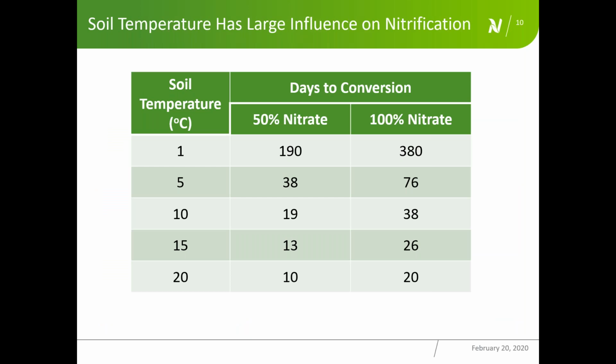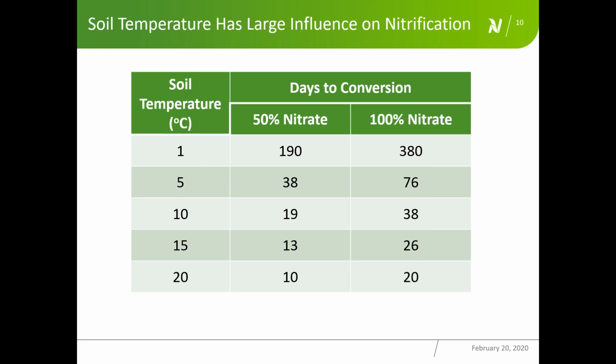So one of the key factors in leaching and denitrification is the rate of conversion from ammonium forms or organic forms to nitrate. So when we apply an ammonium fertilizer to the soil, the bacteria begin to convert that to nitrate. And as you can see in this table, when the soil is very cold, near freezing, that conversion takes a long time.